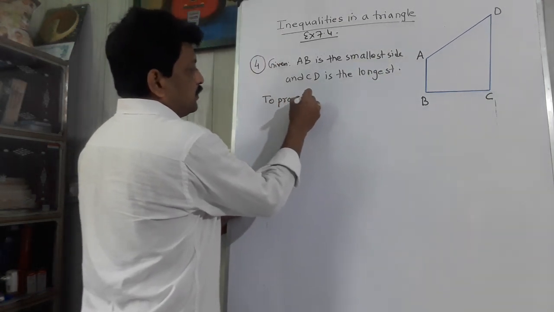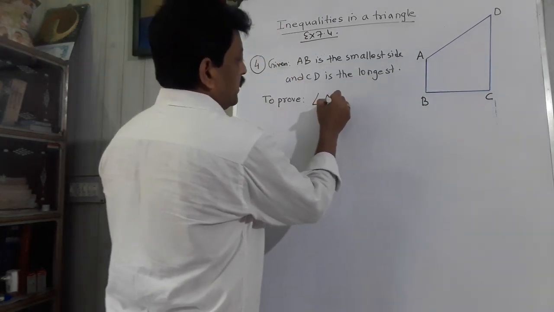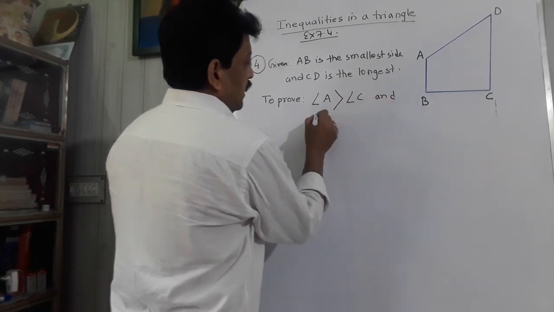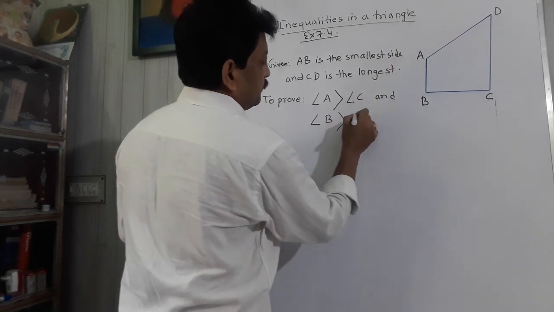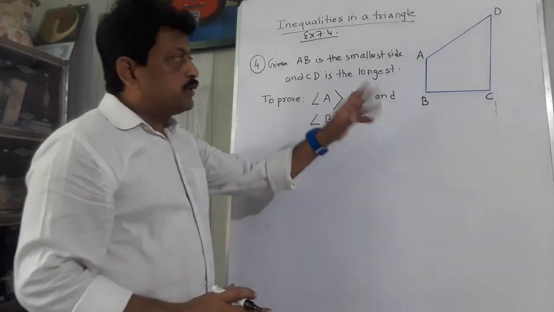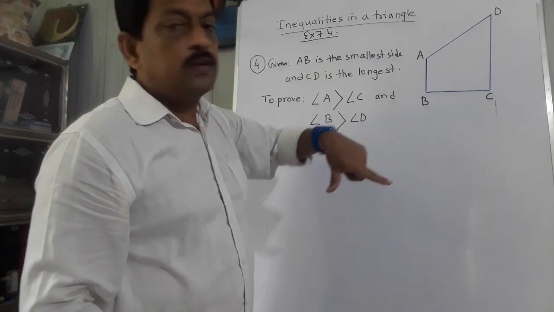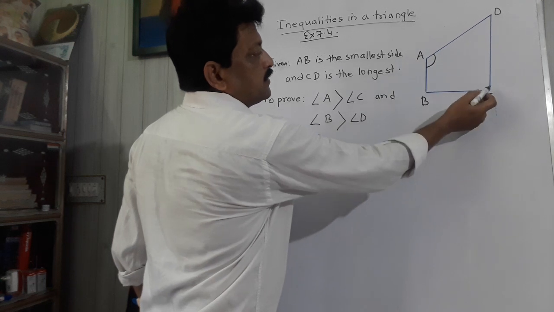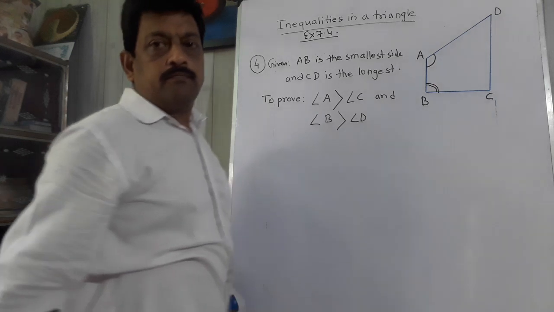To prove that angle A is greater than angle C, and angle B is greater than angle D. So hope you have understood the question. ABCD is a quadrilateral in which AB is the smallest side and CD is the longest side. We have to show that angle A is greater than angle C and angle B is greater than angle D.